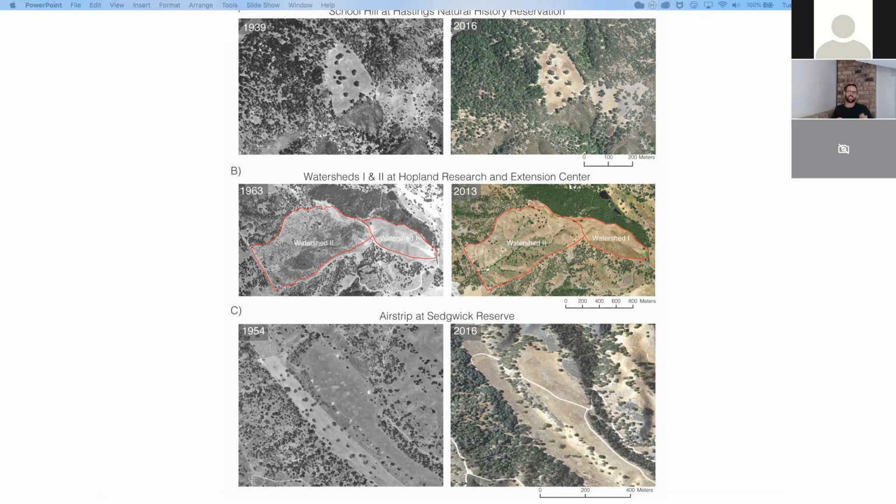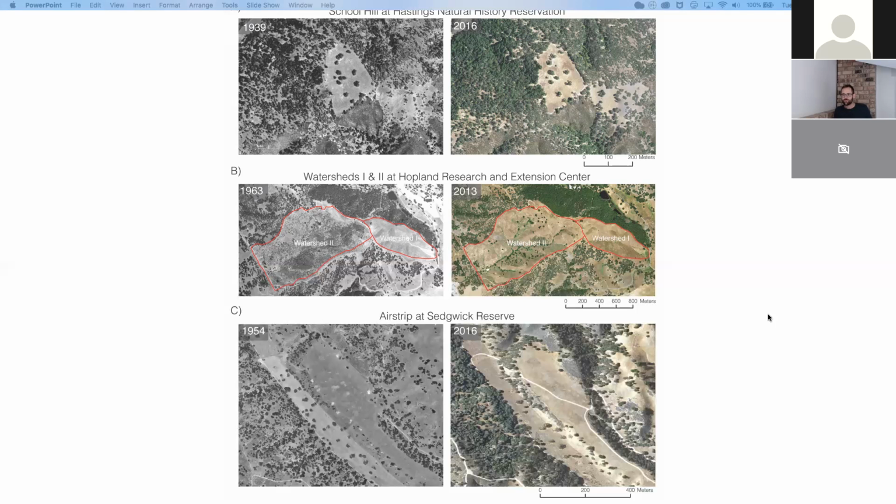What I'm trying to say is that this happened for reasons that are different than the people who created the state transition model had predicted. These three sites were all cleared on purpose by people, and they had nothing to do with overgrazing or fire, which are the types of disturbance most quoted in that literature.